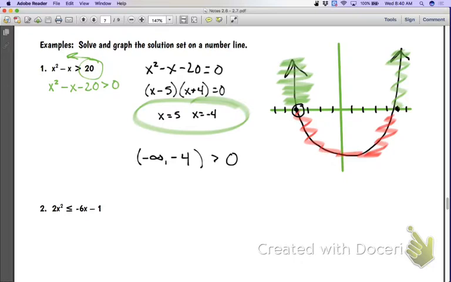Negative 4. Then from negative 4 to positive 5, where is it?